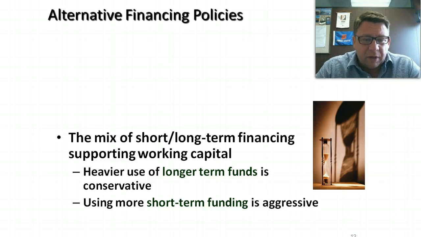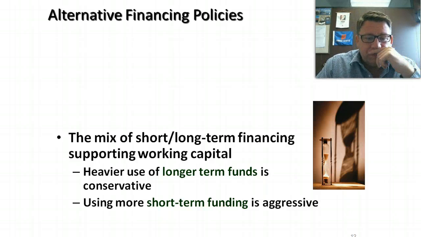Alternative financing policy. A mix of short and long-term financing supports working capital. If we use a lot of long-term sources to do that, that is a more conservative approach. If we're using a lot of short-term funding options, then that is a more aggressive approach.